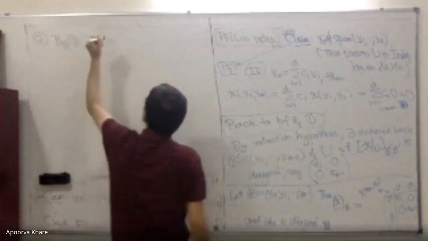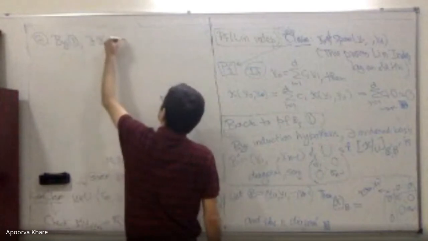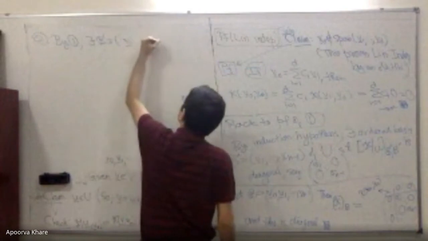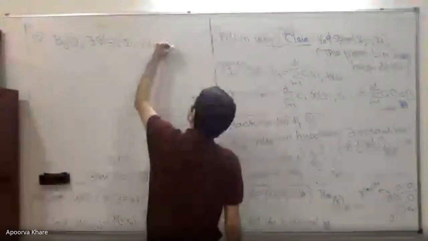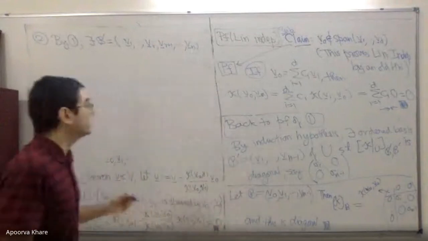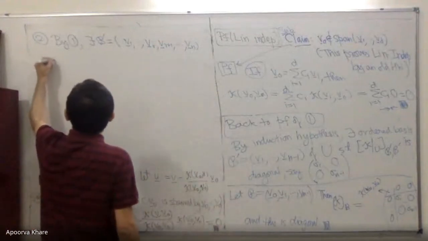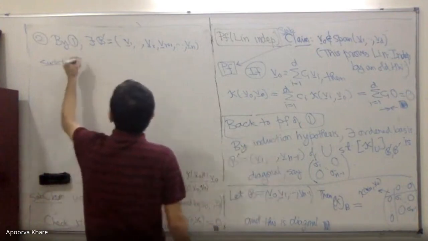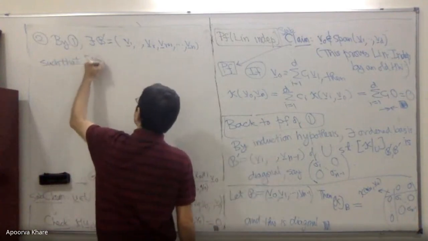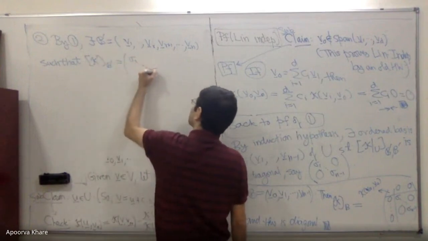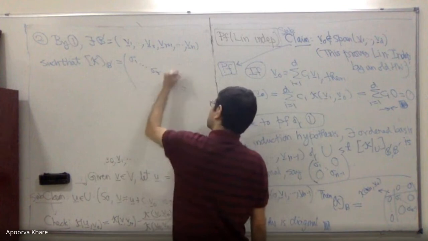Let's call it B prime, V1 up to Vr, Vr plus 1 up to Vn. I'll call it this way, such that the matrix of kappa with respect to B prime is diagonal, but I'll call it sigma 1, sigma 2, up to sigma r, and then 0, 0, 0.